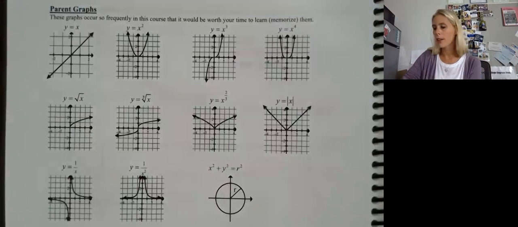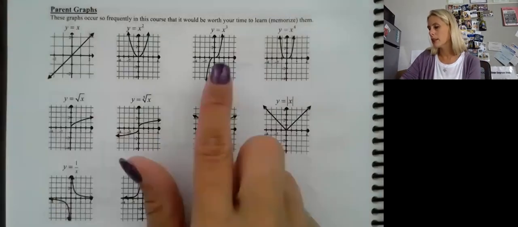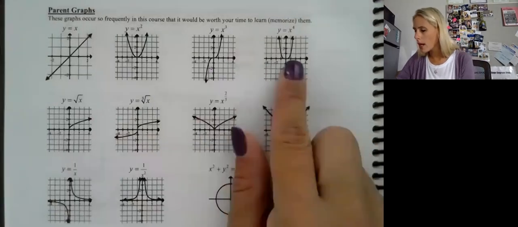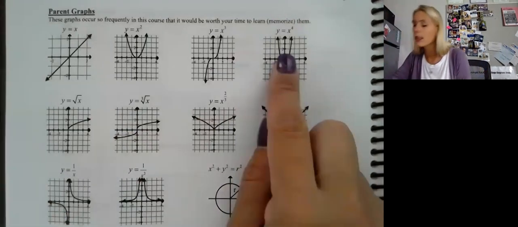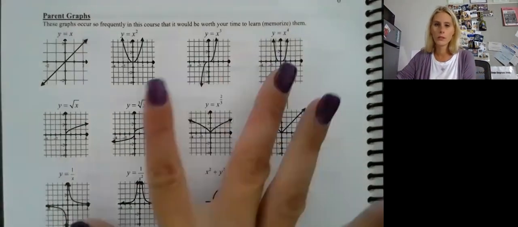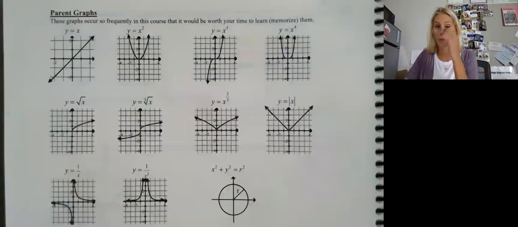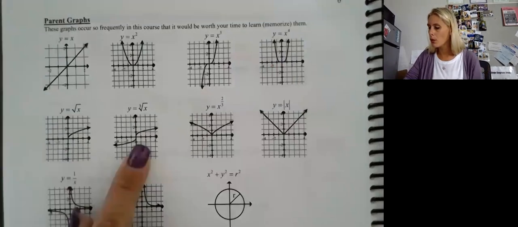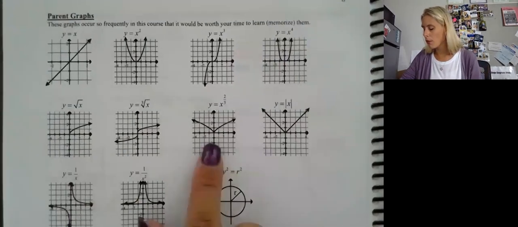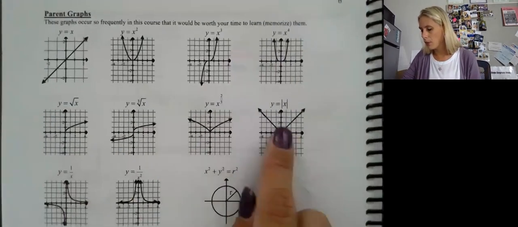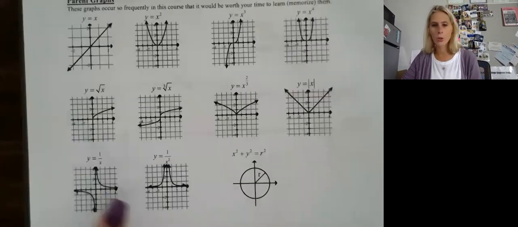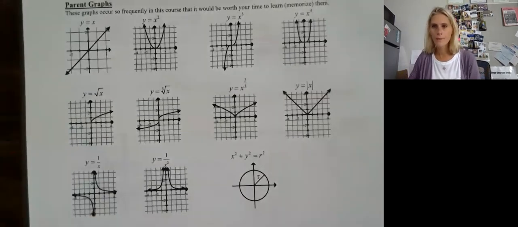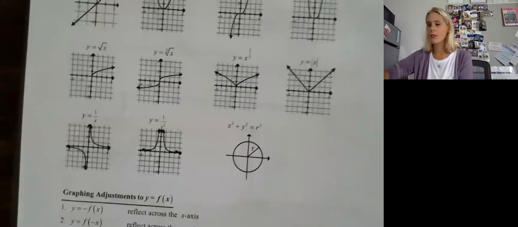So you have your line, your parabola, your x cubed, your x squared, or no, that's x to the 4th, because they're both technically parabolas, your square root, your cubed root, your 2 over 3, and absolute value, rational squared, and your circle. These are the basic graphs you need to remember.